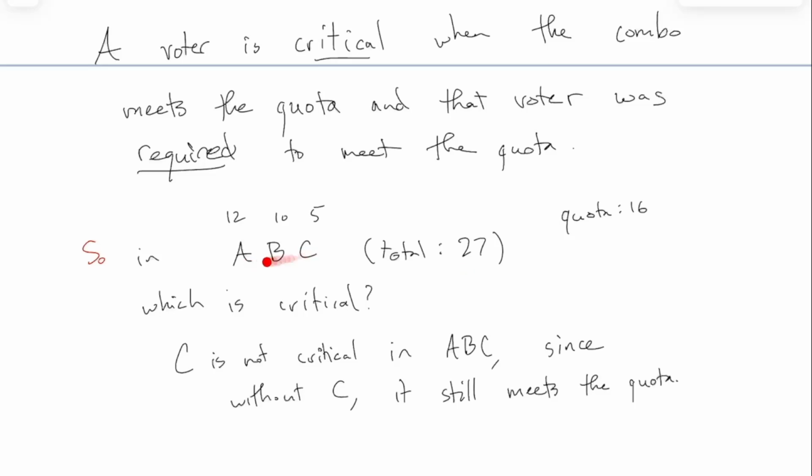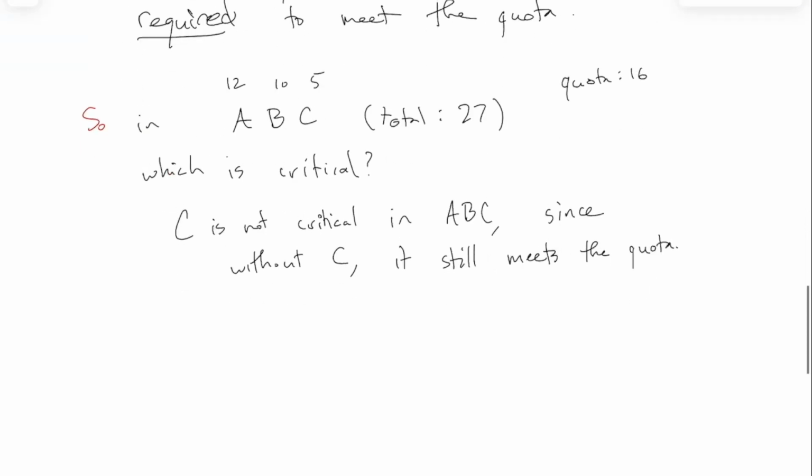So they didn't need B. Even without B, they still would have made the quota.